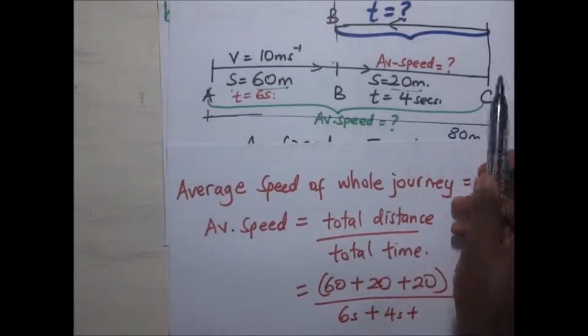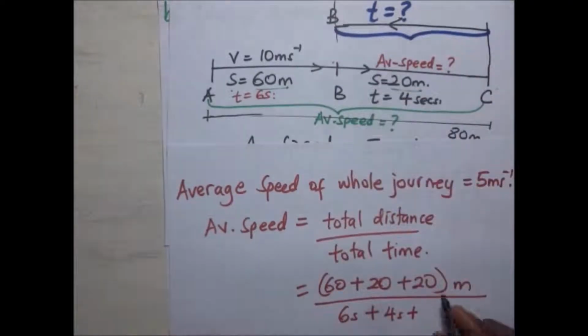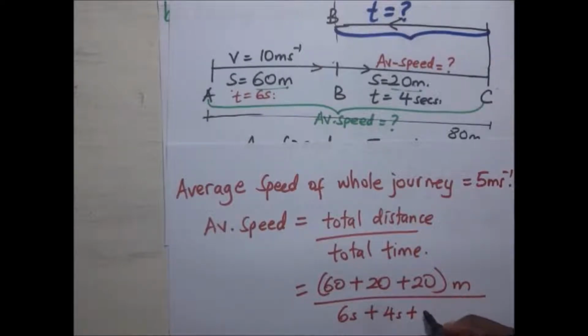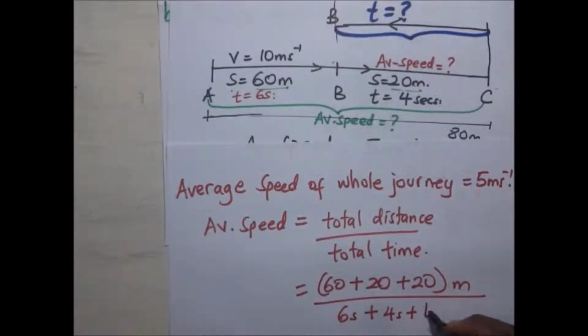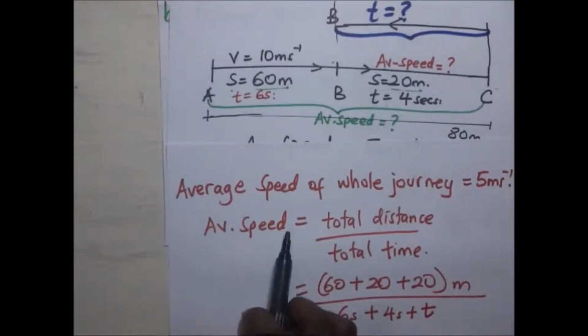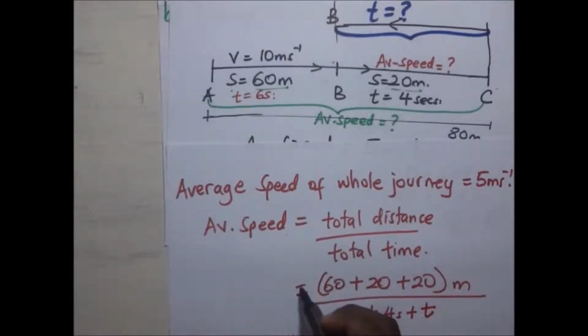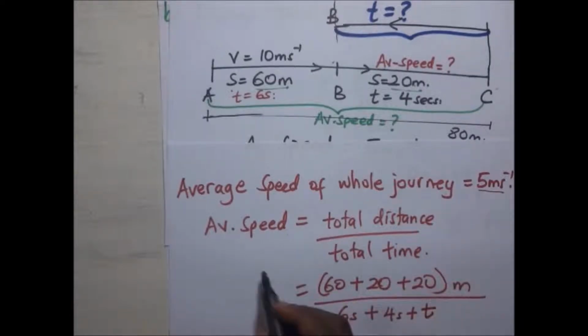Add that to the time moved from C to B, which is not known and is what they want, so we'll call it T. That is going to give us the average speed. The average speed of the whole journey is 5 meters per second. So the rest is arithmetic.